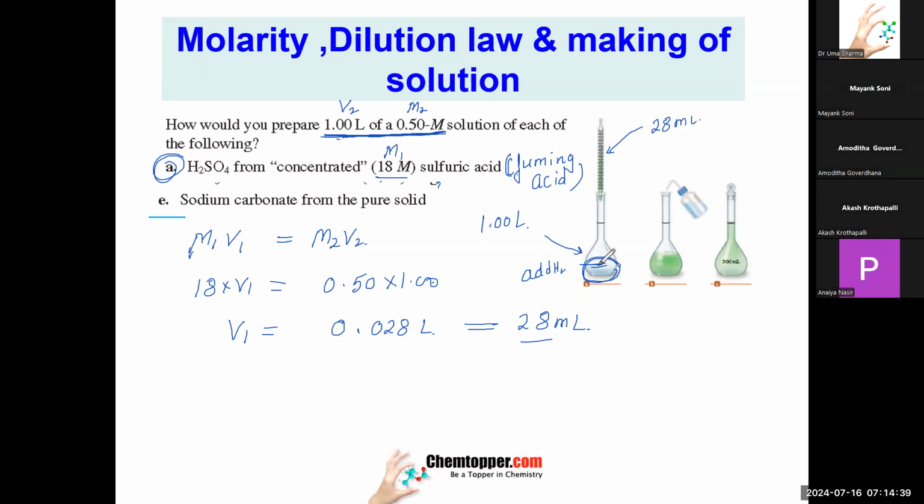Add that 28 ml and then rinse it also with water, taking some water in this test tube finally, to remove all the acid. Add here. Now add more water, come up to this level, use a dropper, add drop by drop. Your eye should be here to read the level.